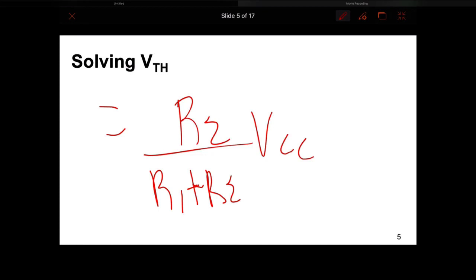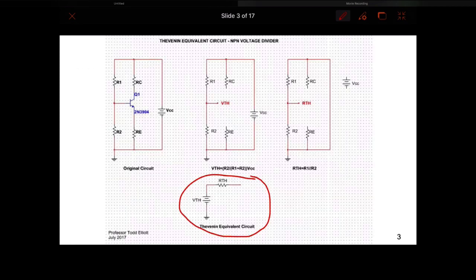So that's going to be 50 divided by the 75 times 20, 13.33 volts. Okay, that's RTH and VTH. And again, those are the two values we just solved for.